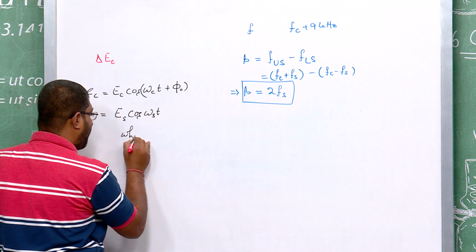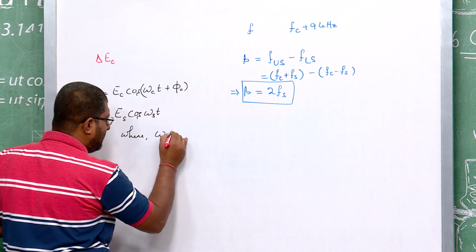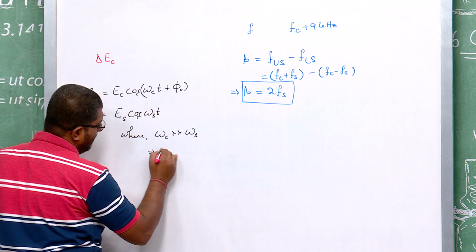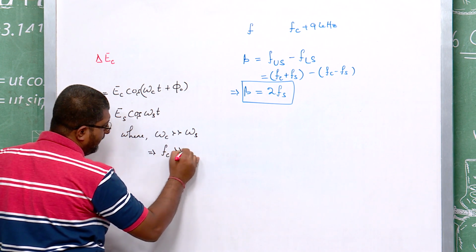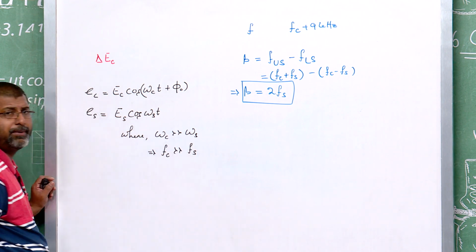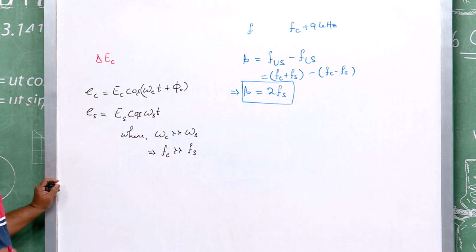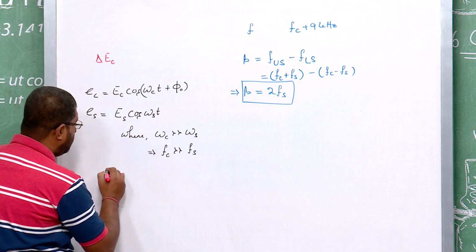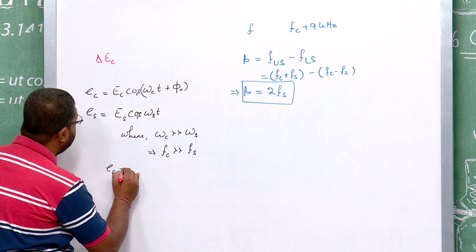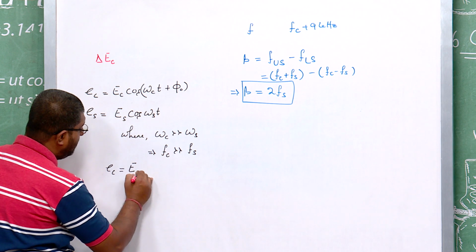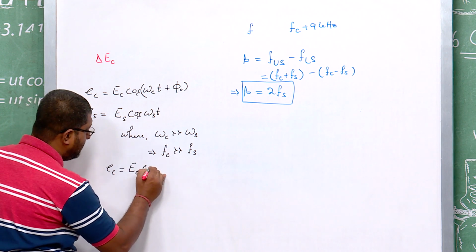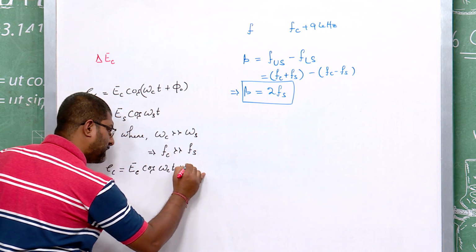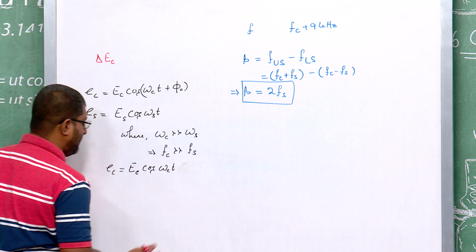where omega c is very much greater than omega s, that implies Fc is very much greater than Fs. Now, since phase has no role to play, small ec equals capital Ec cos omega c t.